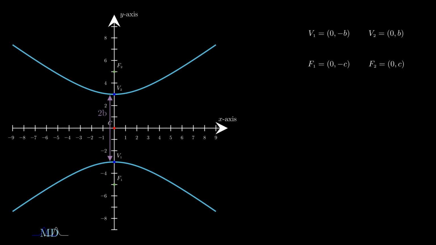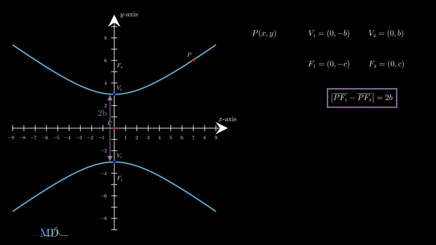Even in this case, the constant k that appears in the definition of the hyperbola is equal to the length of the transverse semiaxis. In fact, if we apply the definition to the vertex V2, we get the absolute value of V2F1 minus V2F2 equals the absolute value of 2b. That is 2b. Let's consider a point P of the hyperbola of coordinates x and y.